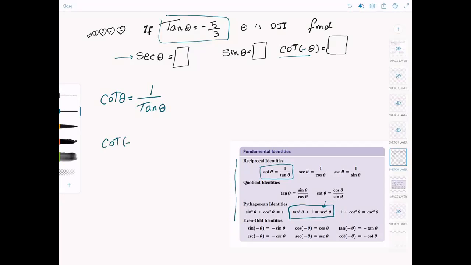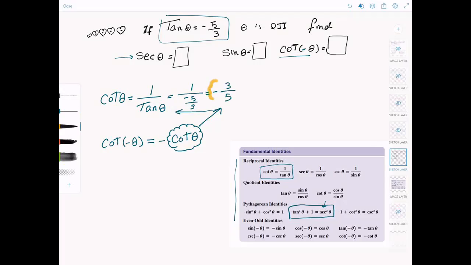Cotangent of negative theta equal to negative cotangent of theta. Good. So now let's find this one and substitute back. Cotangent of theta is 1 over tangent of theta, equal to 1 over negative 5 over 3. Reciprocal of this equals negative 3 over 5.